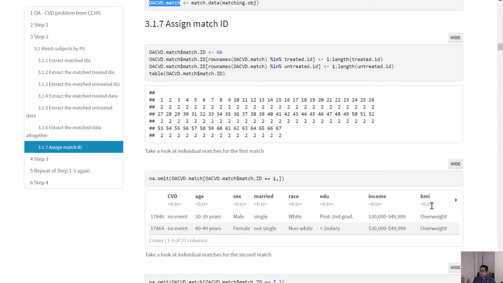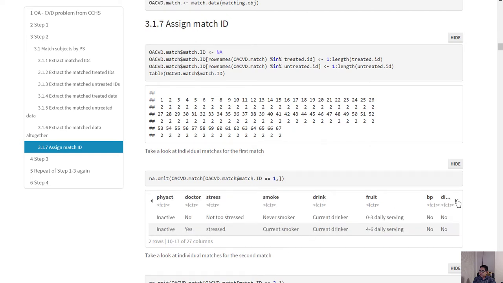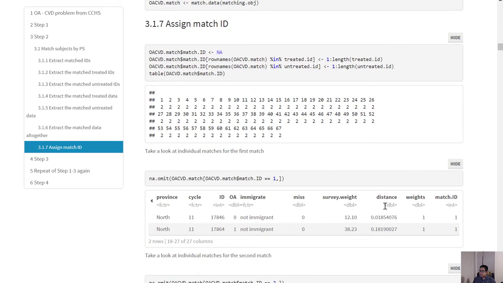So you can see in these two observations, one was not treated and one was treated, because OA is our exposure variable, right? And these two were matched.